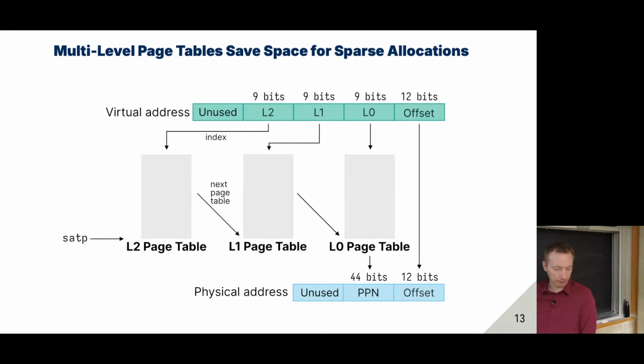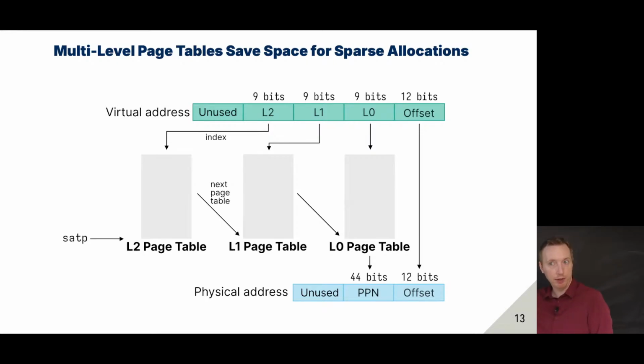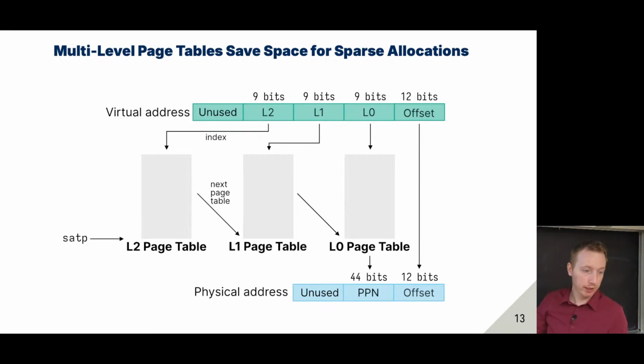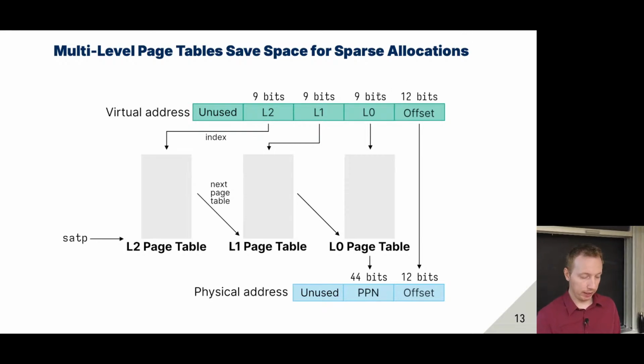And then our page table entry in this case was 8 bytes, aka 2 to the power of 3. So we could fit 2 to the 9 of them on a single page. So that's why we had 9 bits for each level of page table.